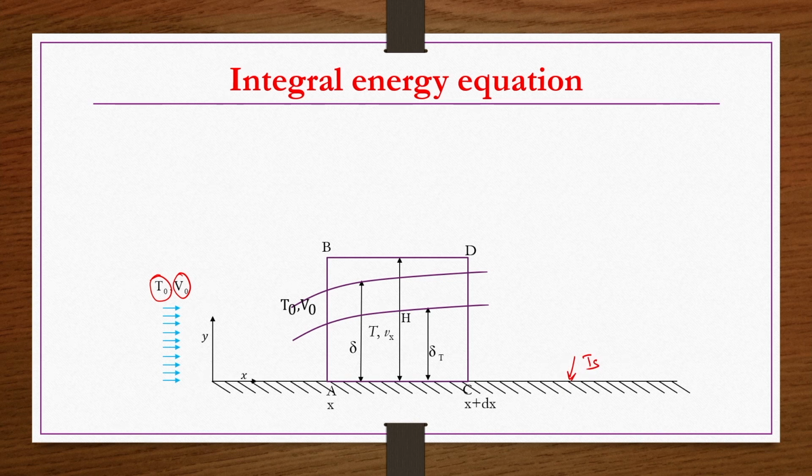So, flow direction is x direction, vertical direction is y direction, the size of the control volume in the x direction is delta x, that is A is located at x and then C is located at x plus delta x. Height of this control volume is h and then this BD plane is outside of the control volume. So, this is momentum boundary layer delta and this is a thermal boundary layer delta T.